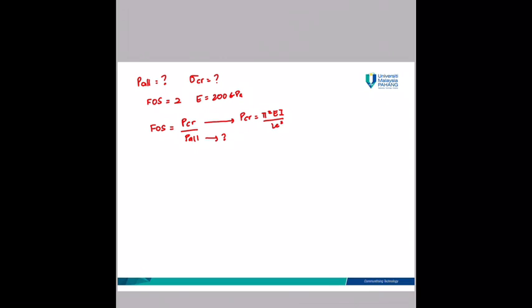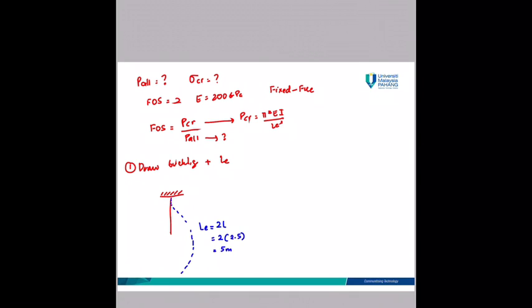It is also mentioned in the question that this is a fixed-free connection. So first draw the buckling shape and effective length. Your column will buckle two times, so LE is equal to 2L, which is 2 times the original length of 2.5 meter, equal to 5 meter.